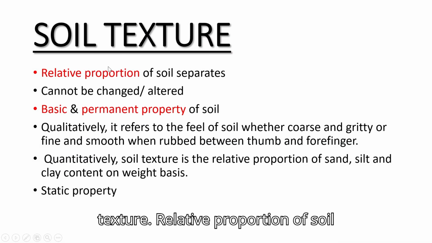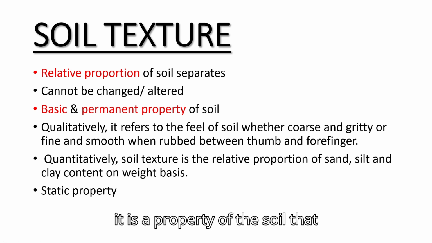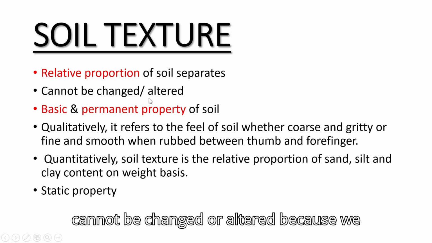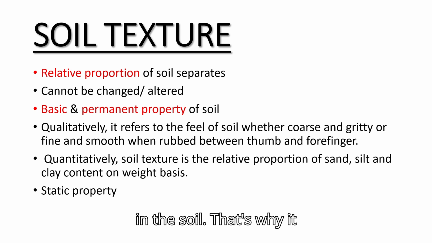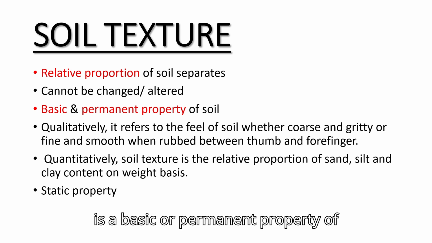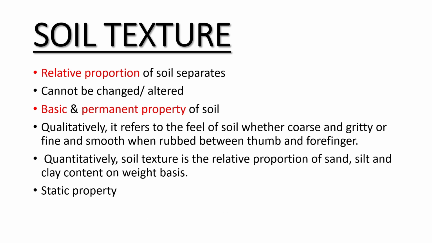The relative proportion of soil separates is known as soil texture, and it is a property of the soil that cannot be changed or altered, because we can't change the amount of soil separates in the soil. That's why it is known as a basic or permanent property of the soil.